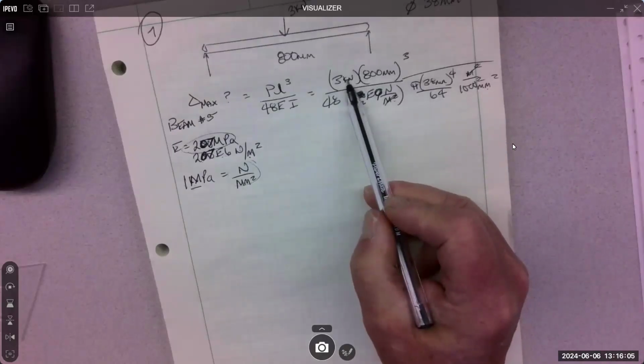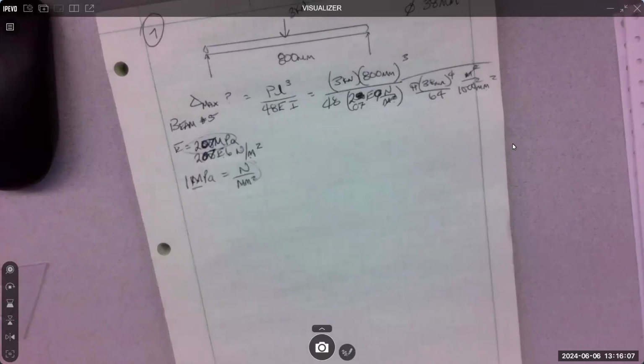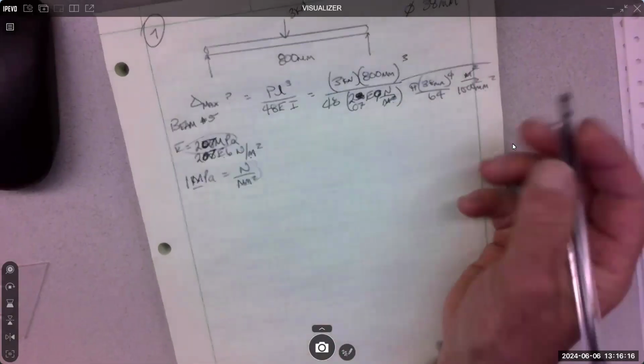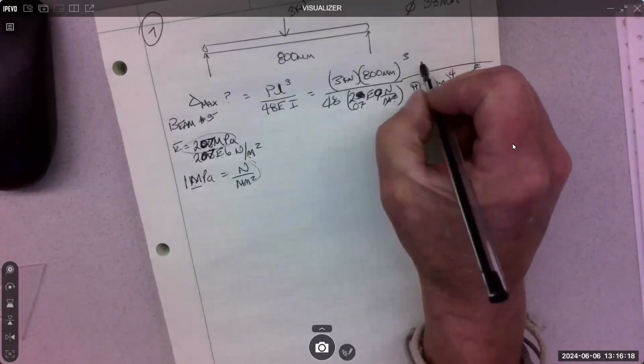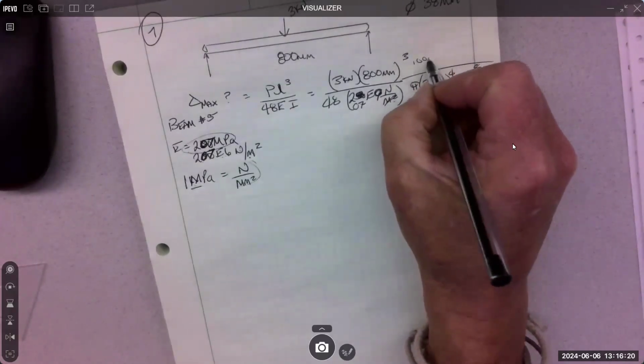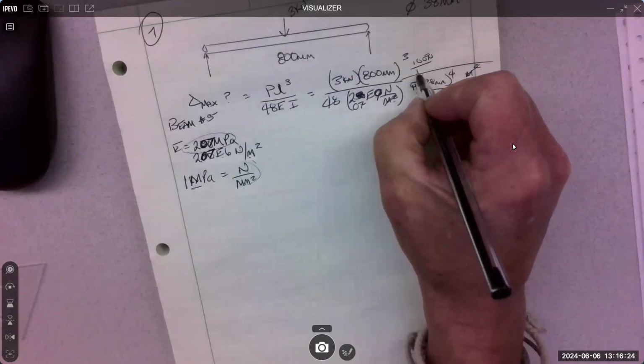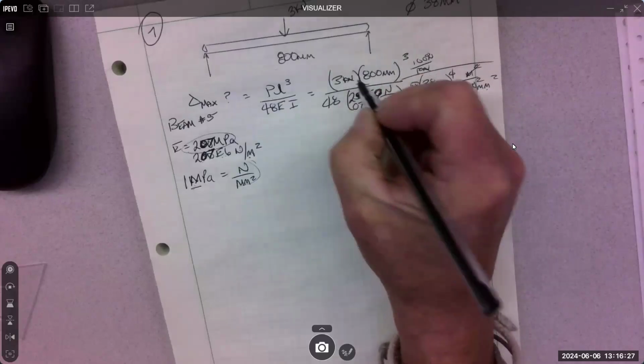Kilonewtons up here. So that means I need to get rid of this kilonewton. And that is a factor of 1,000 newtons per kilonewton, and then that crosses.